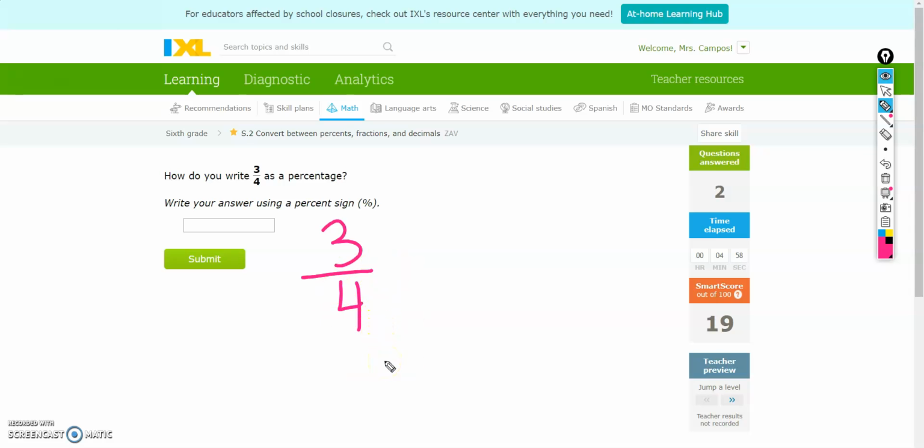So there's 4 quarters in $1. So that would be 100. So how much is 3 quarters? 75 hundredths, so that's the same as 75%, because anything out of 100 is the same as a percentage.